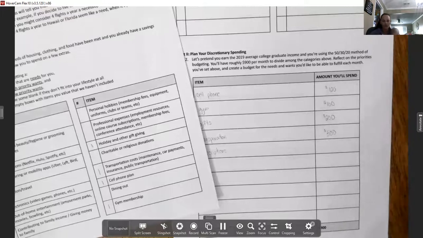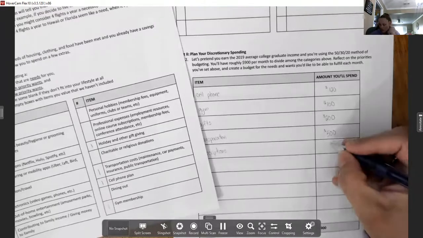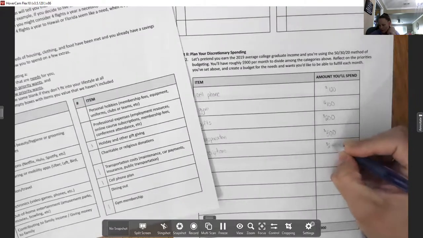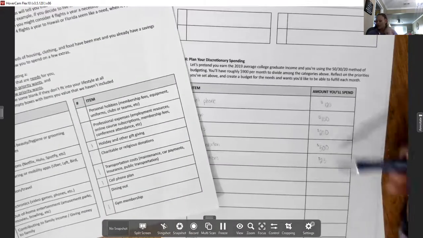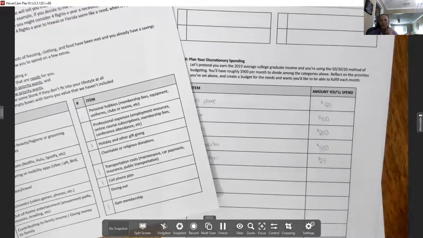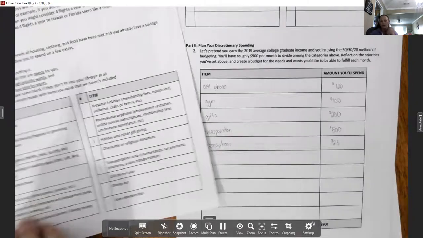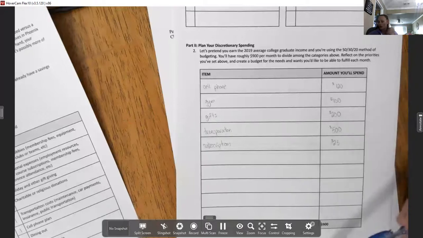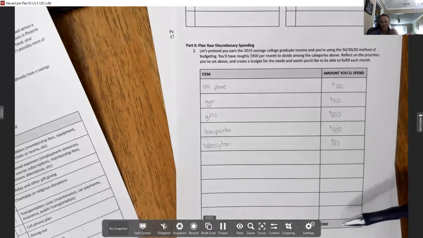Transportation is a big expense. Subscriptions, maybe that's 25. And you can see here, I'm already over my $900. So you just keep going, and then you need to get this to be not over $900.